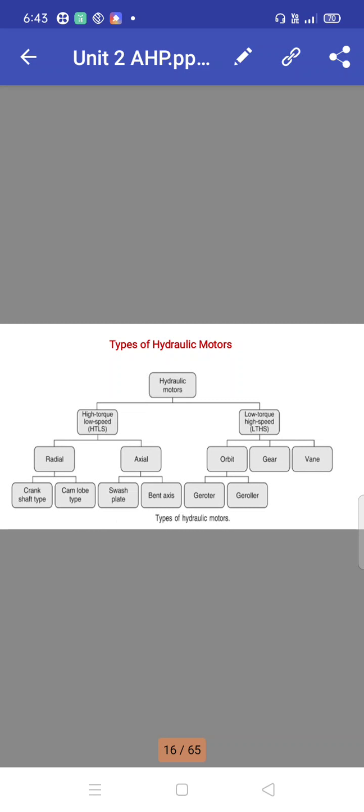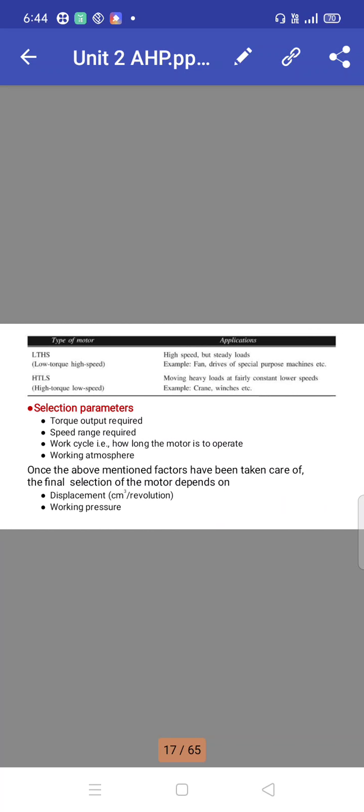In axial type, swash plate or bent axis will be used. In low torque, high speed, we are using orbit or gear or vane. Especially orbit is utilized more, gerotor or geroller. So these are the things we prefer especially in hydraulic motors.